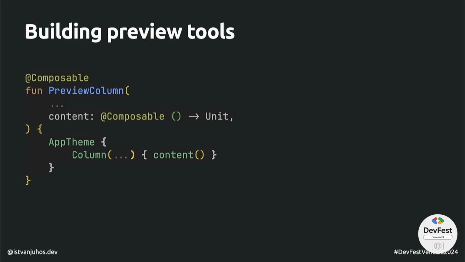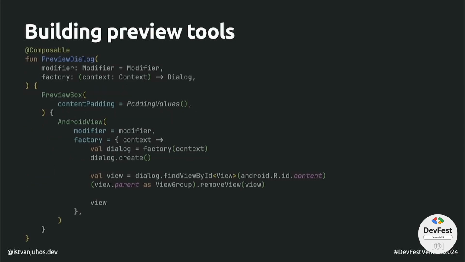At Circuit, we had this idea after implementing the preview box and preview column and some other preview ideas to actually preview our dialogues, because well, we can do that. The previews are just normal composables.